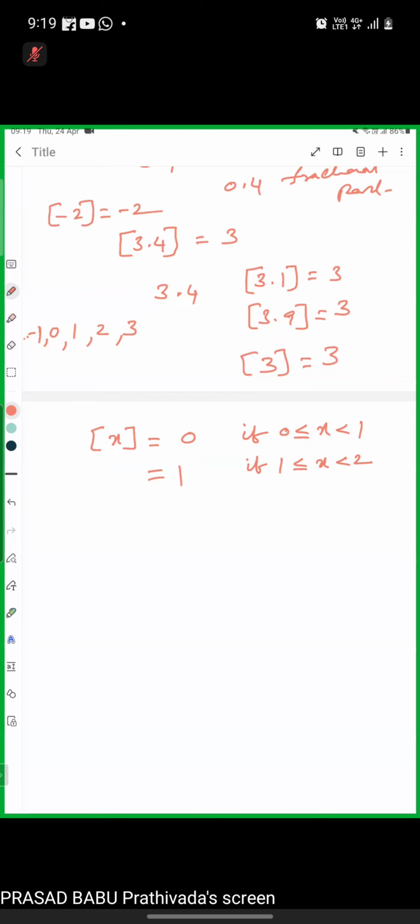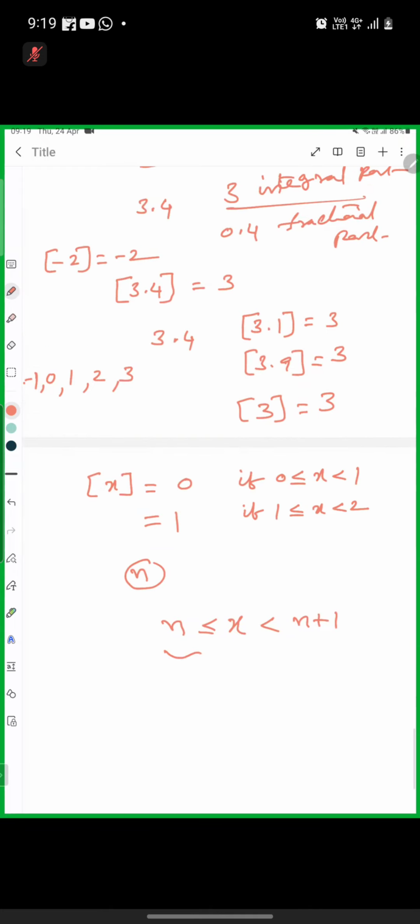Now we can define this integral part of x like this also. If x is any real number and there exists an integer n such that x lies between n and n plus 1, then the integral part of x is n. This is an integer, this is also an integer.